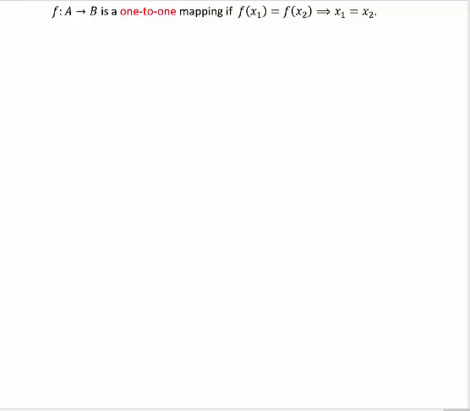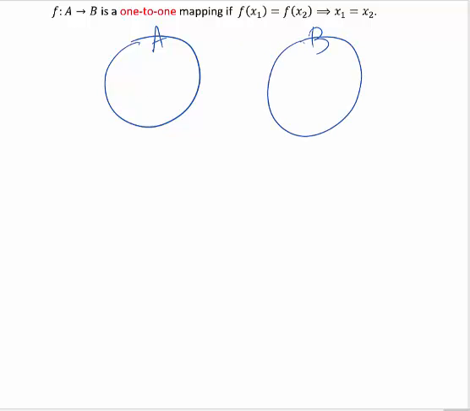A function f is called a one-to-one mapping if, well, first let me just draw a picture. We have a set A and a mapping to set B. A function could map two different x's to the same y, for example, f of x equals x squared. But not in a one-to-one. This cannot happen.